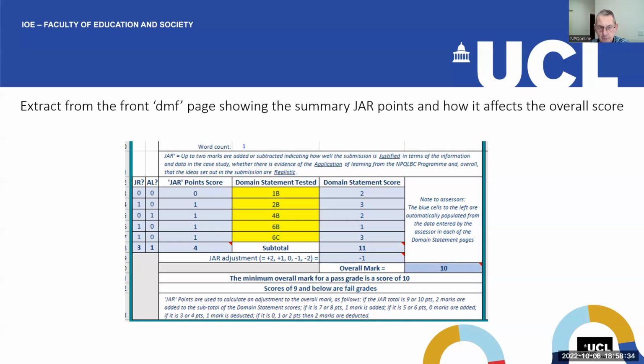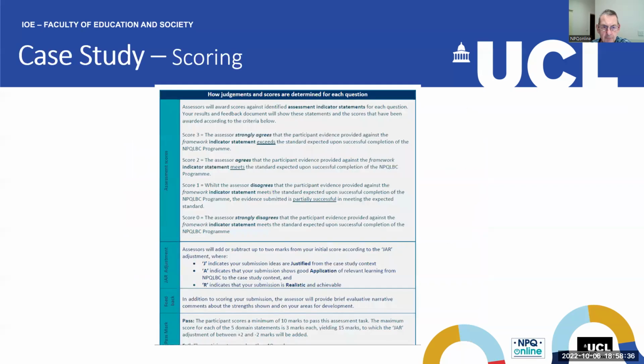So let's just go back to the document I was sharing a moment ago, which begins to describe what the JAR adjustment is all about. JAR is an acronym. It stands for an indication that the answers you have provided are justified, and justified from your analysis of the case study as presented, rather than being a theoretical generic response.